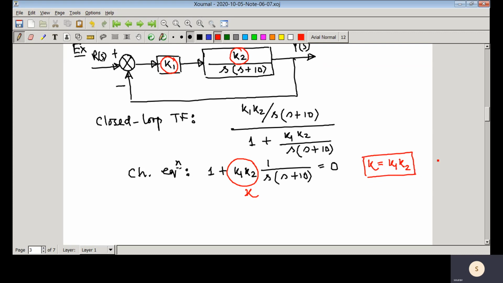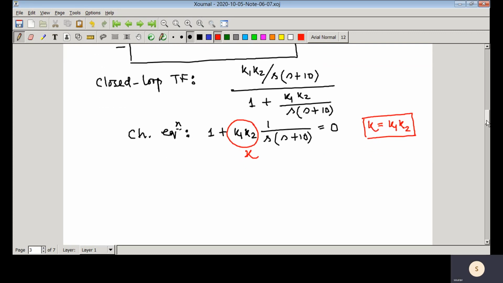So you can see that this particular problem is cast in standard root locus framework. So here we see that we have two open loop poles, one is 0, another one is minus 10.